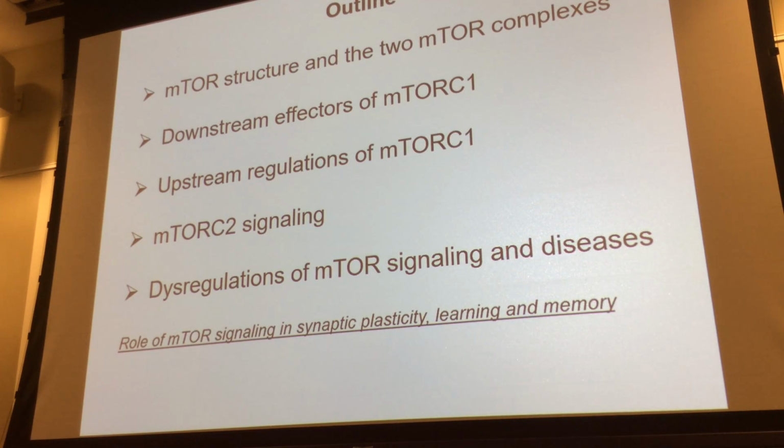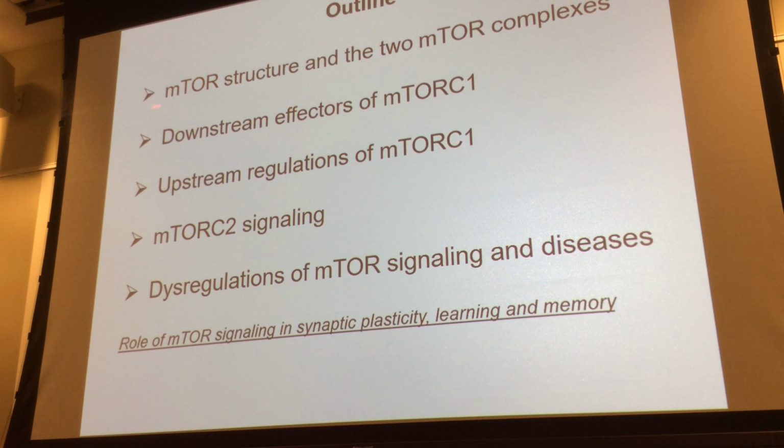All right, so this is the outline of today's lecture. Mainly, I'm going to talk about the following topics. Most of the signaling stuff is going to be brief because if we go into every single detail, it's not going to be enough time.